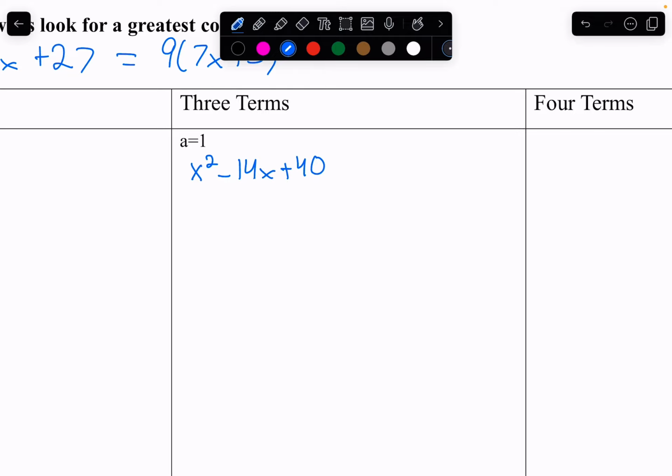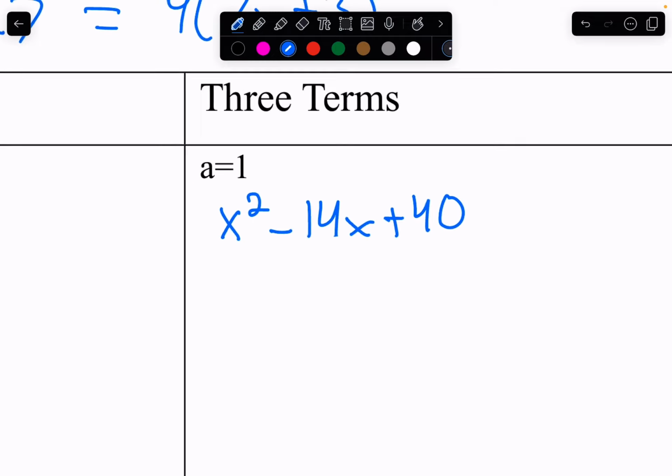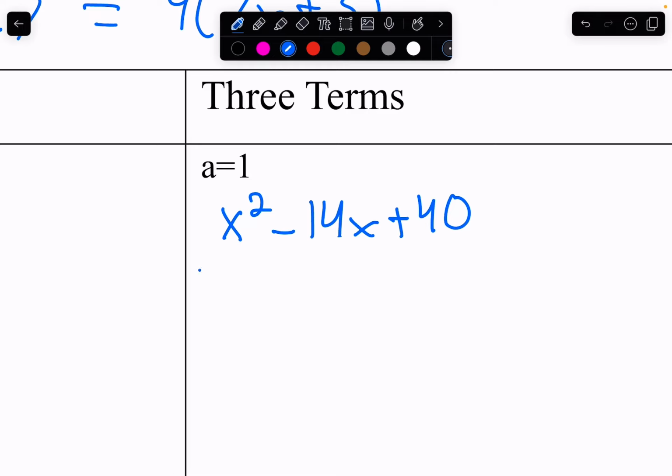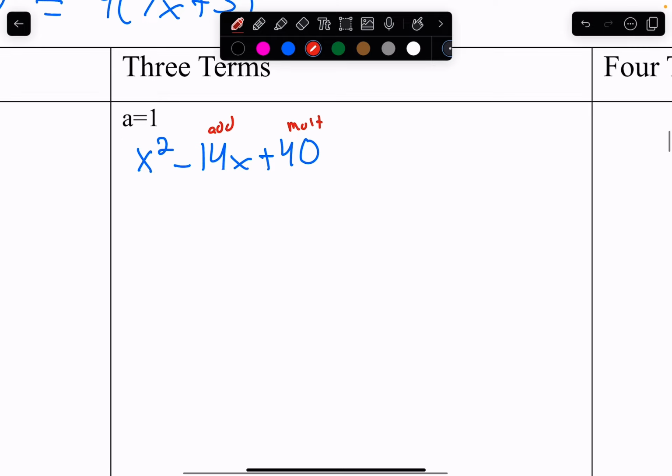All right. And when you have a trinomial where this leading coefficient is equal to 1, that's what I would consider like an easy trinomial factoring. What you have to do is you just have to find the 2 values that multiply to this guy and add to this guy.